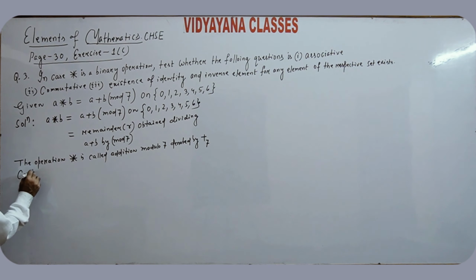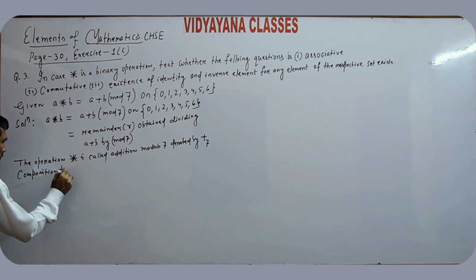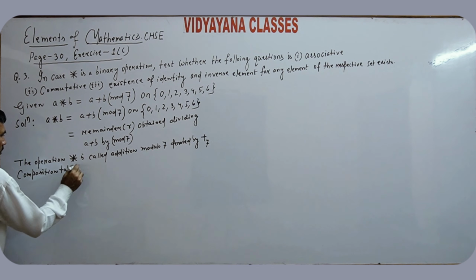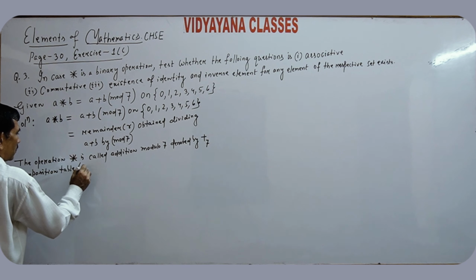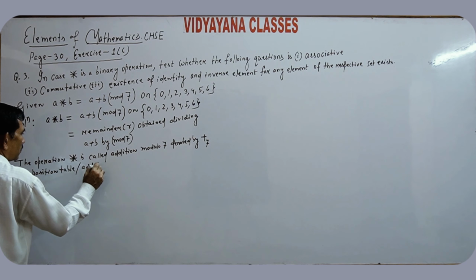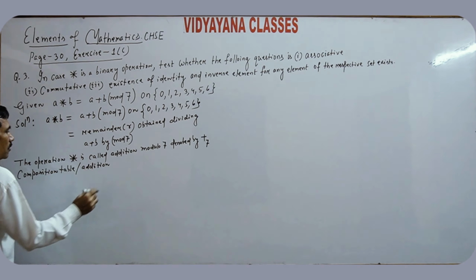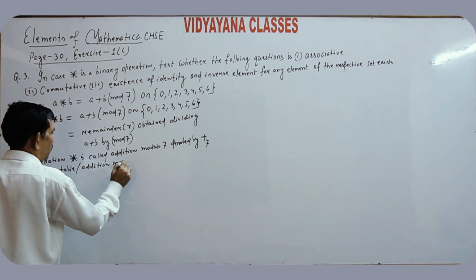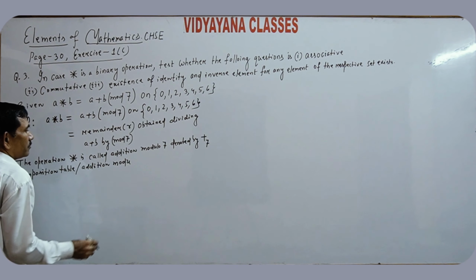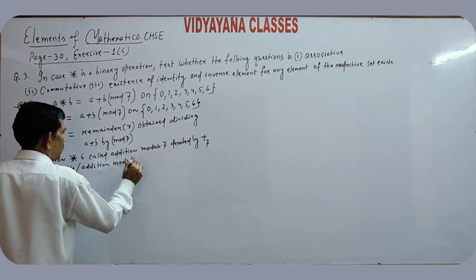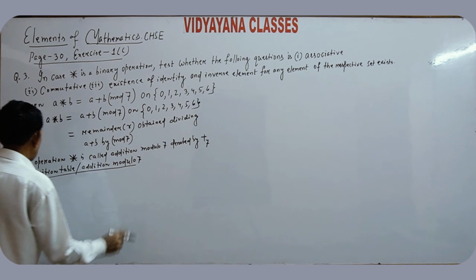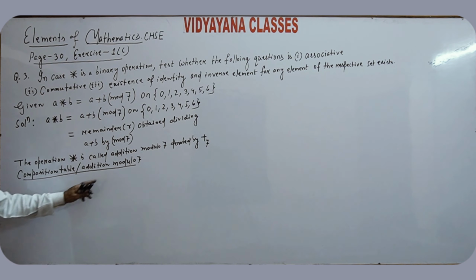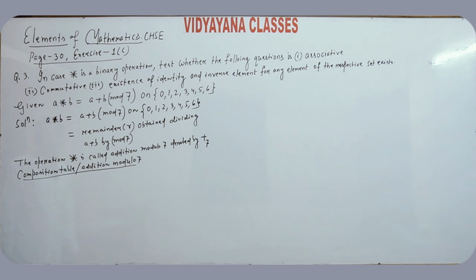Composition table of addition modulo 7. What is the composition table? That is addition modulo 7.